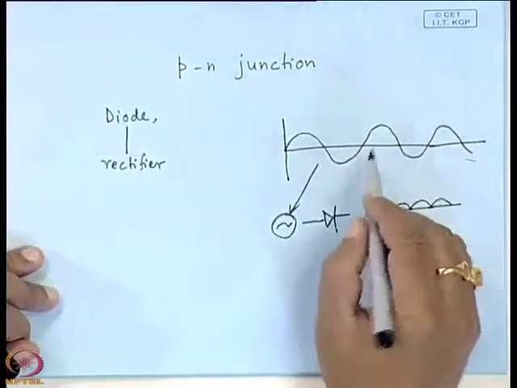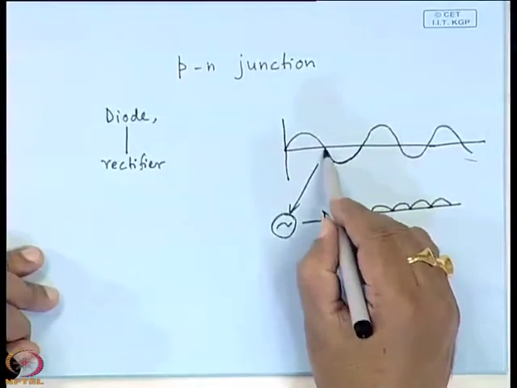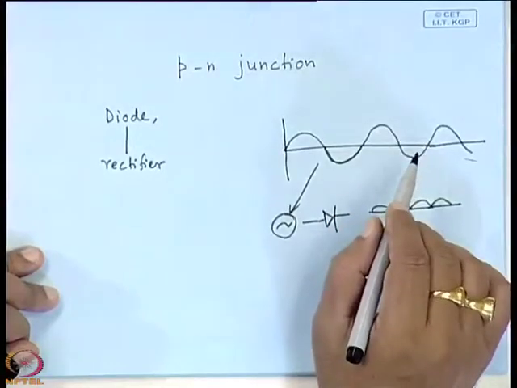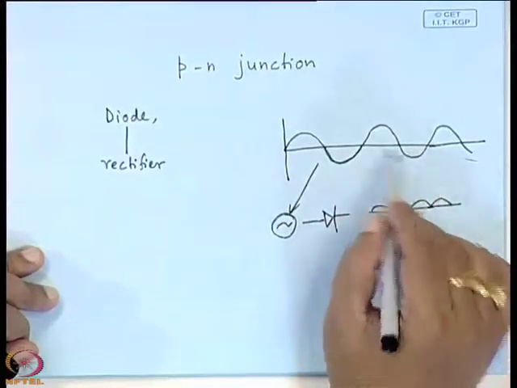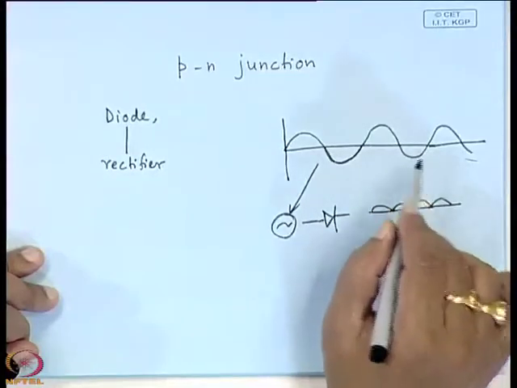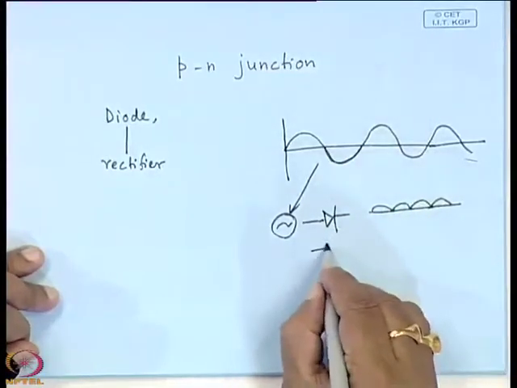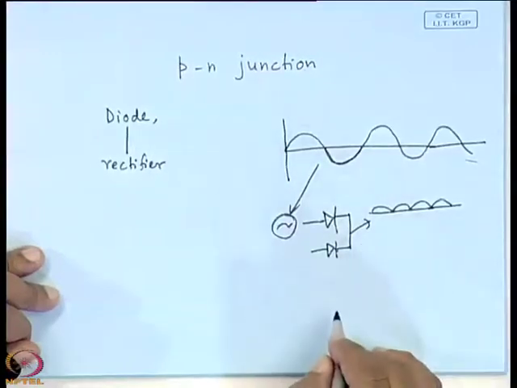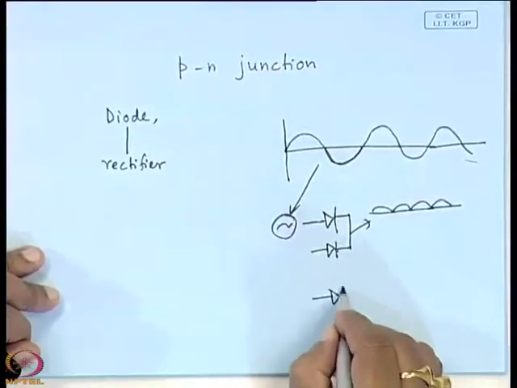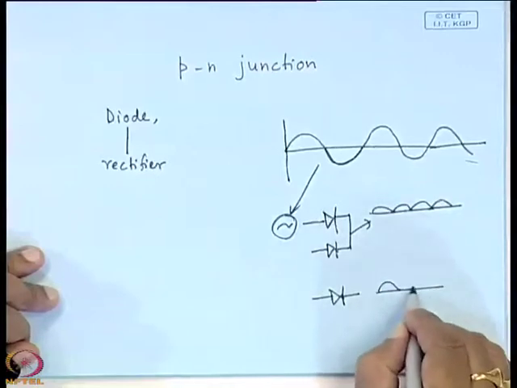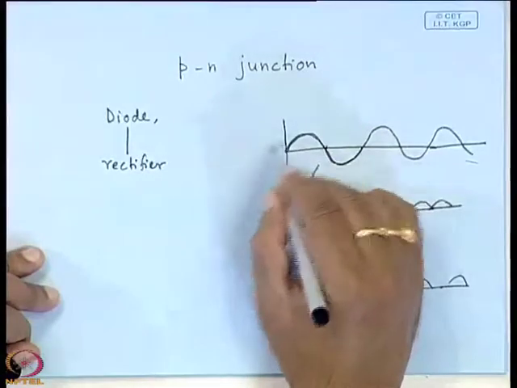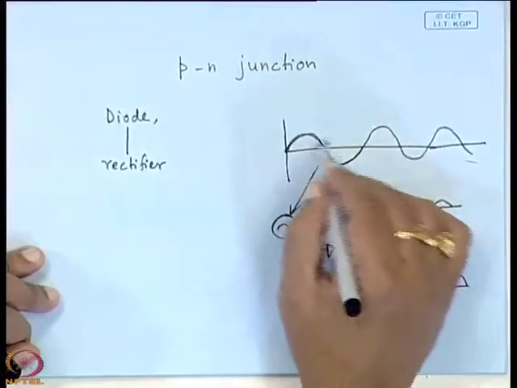So, it is not facilitating the flow of current or voltage in both directions, only in one direction, but you have to use two diodes here, then only the output will be this type of thing. Otherwise, if you use a single diode, the output will be like this, because only the positive half cycle will conduct, not the negative half cycle.